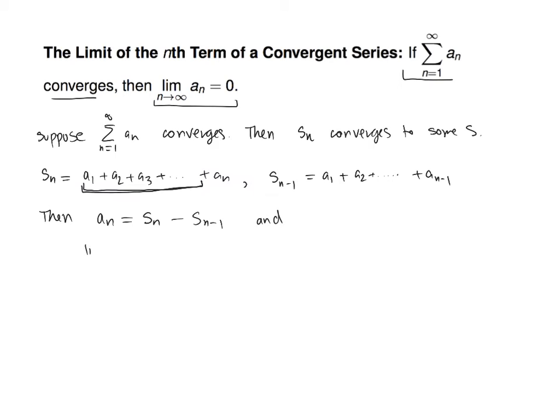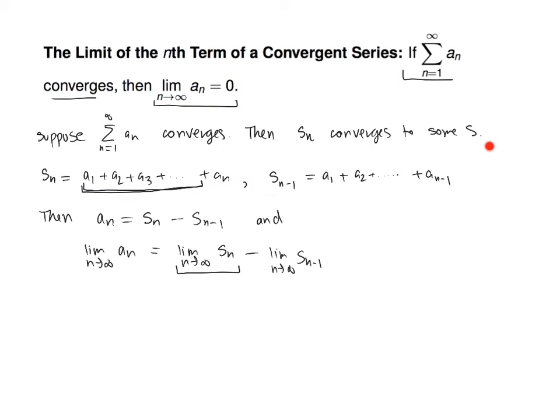And then the limit as n goes to infinity of a sub n is equal to the limit as n goes to infinity of s sub n minus the limit as n goes to infinity of s sub n minus 1. And where does this thing go? To s.